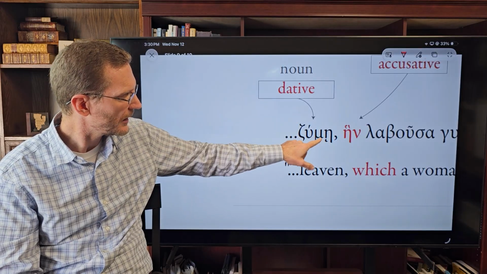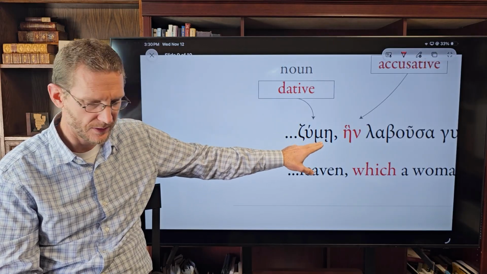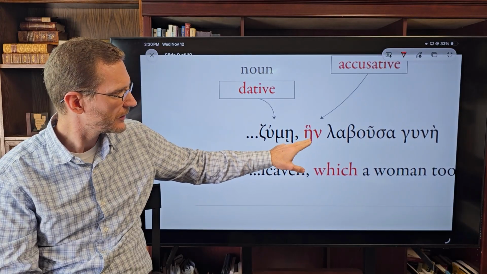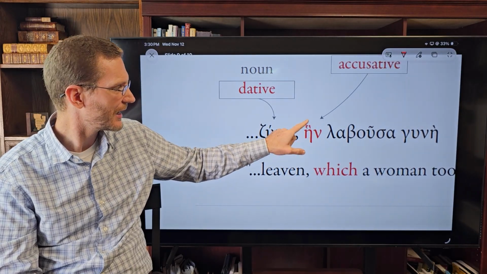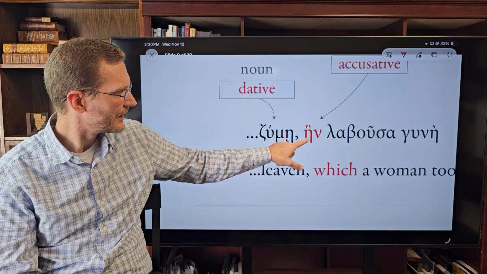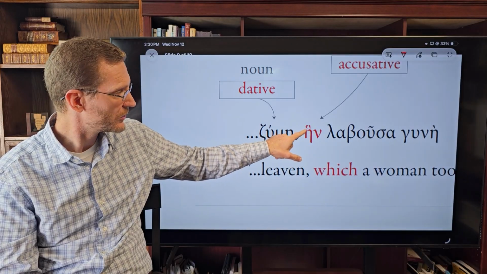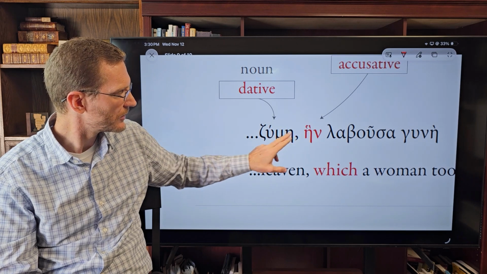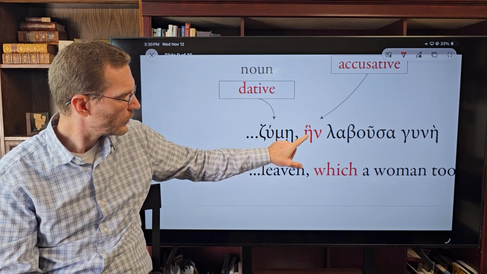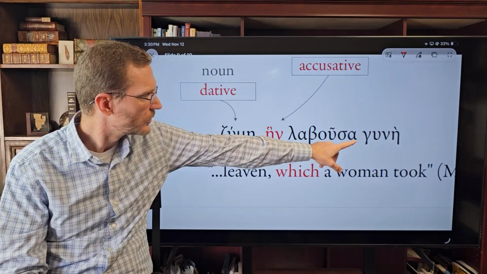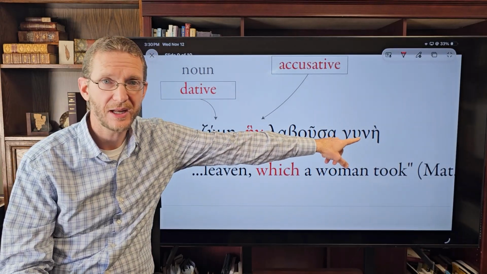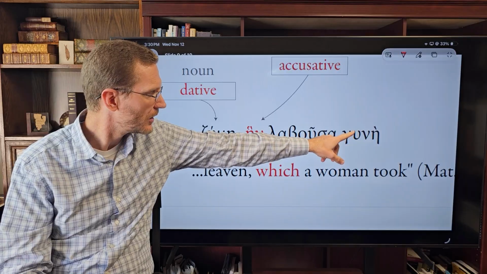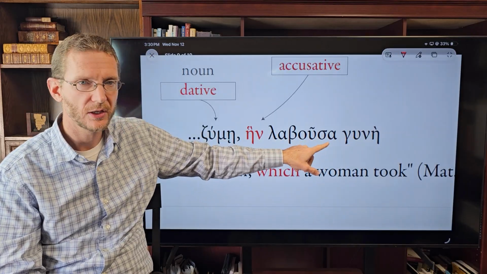So zume is a feminine singular dative. Its relative is feminine singular accusative, hen. Now we can tell this is relative because it has the two marks, one of them a rough breathing mark. So it's leaven, which gune, a woman, you see it's in the nominative there, took.